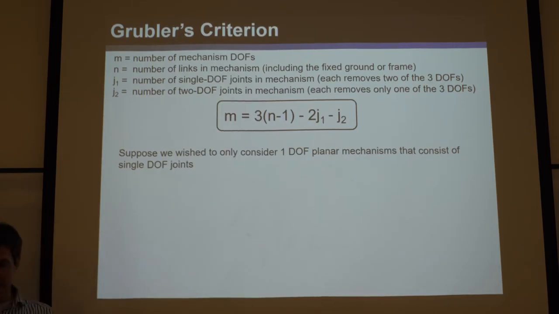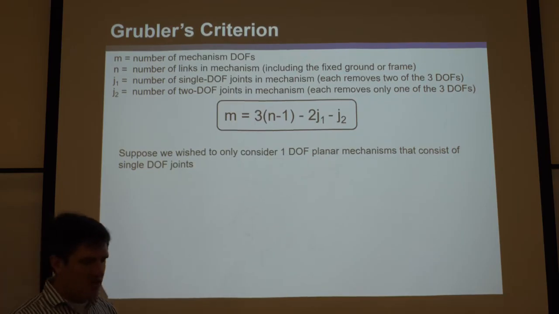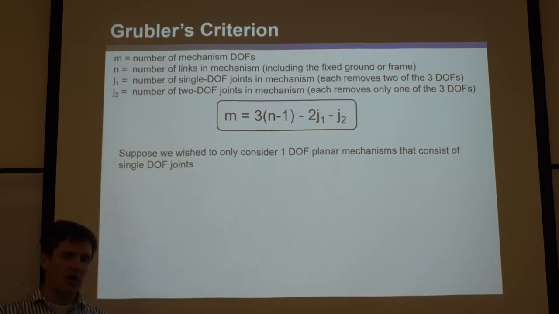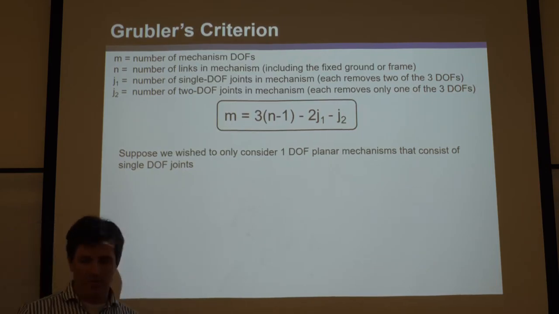Grubler's like, okay, let's come up with an equation for just 1 degree of freedom planar mechanisms that consist of single degree of freedom joints. Most useful mechanisms just link one motor or one actuator to some useful output, some work thing. So we're really only interested in planar mechanisms with 1 degree of freedom.